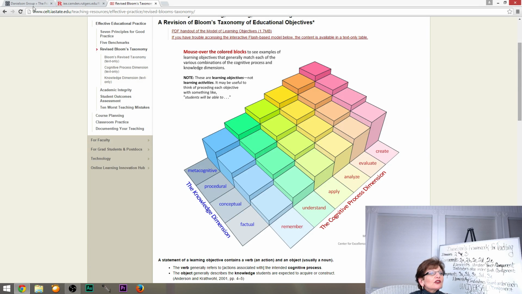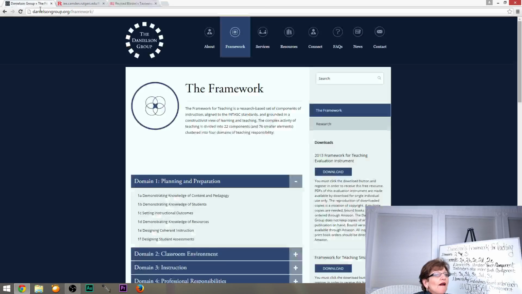Now, let's talk about Charlotte. The reason that I went to this, and I want you to see DanielsModel.org framework. It is very important, and I'm going to stand up for this.